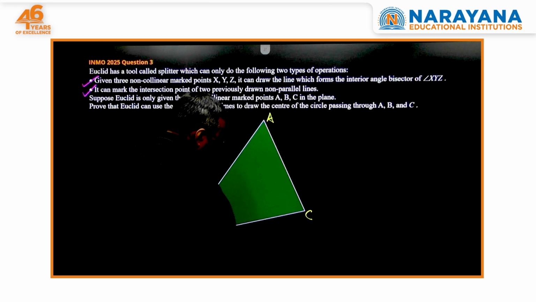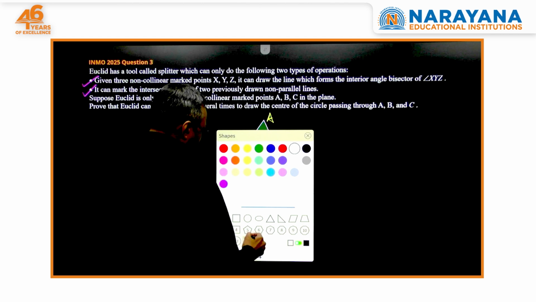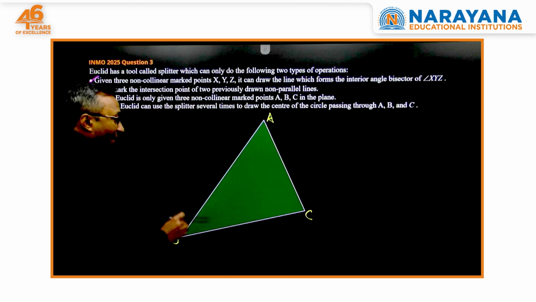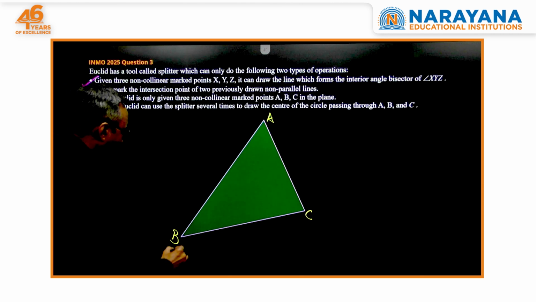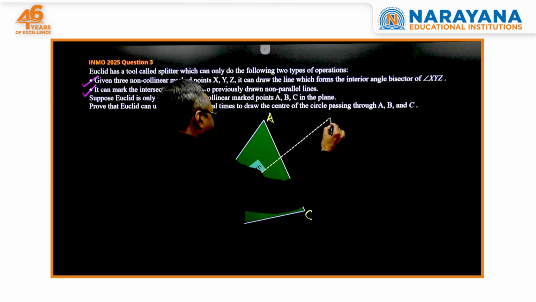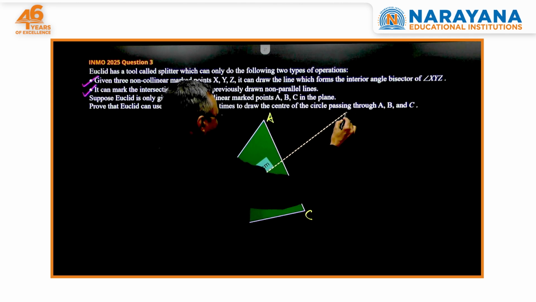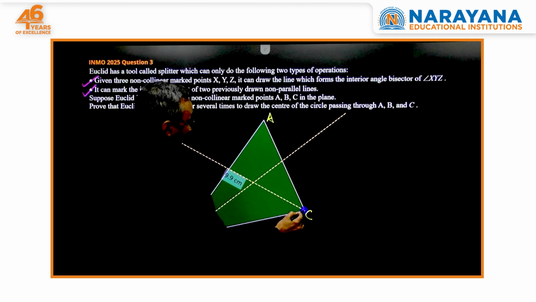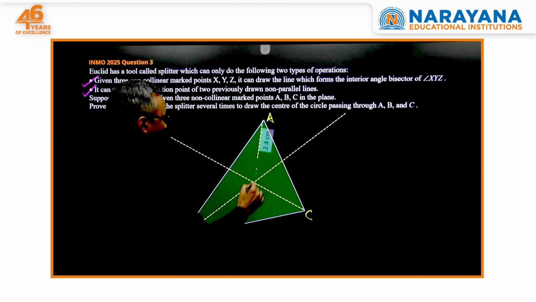Since this is a representative diagram, I would just go with the diagram and then come back. At the first step, I will draw three internal angle bisectors, because we have the tool, and get the incenter I of the triangle ABC.